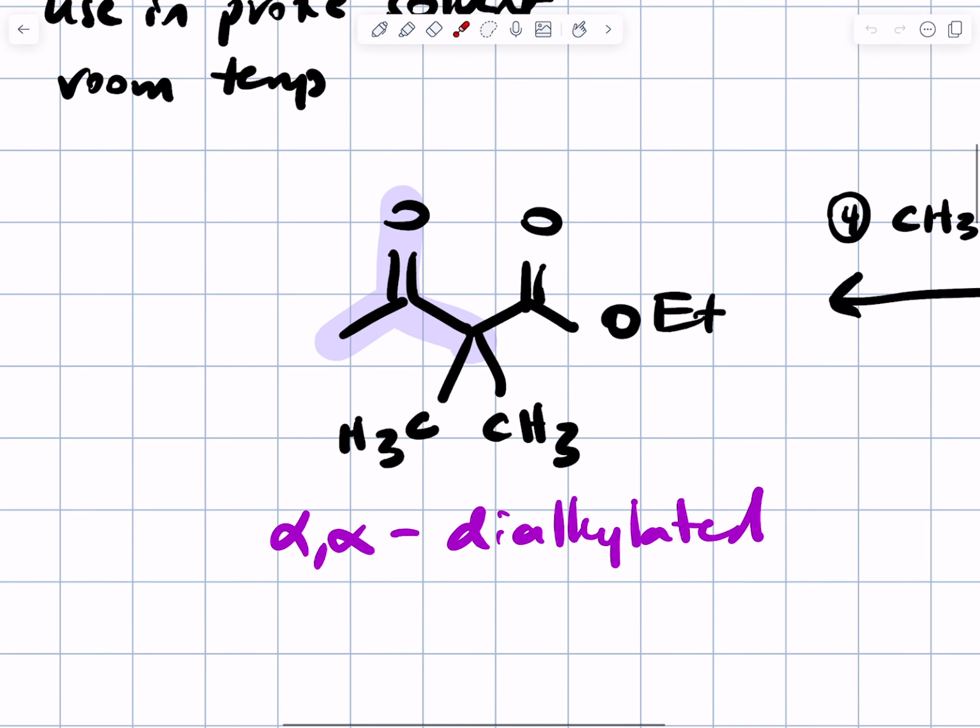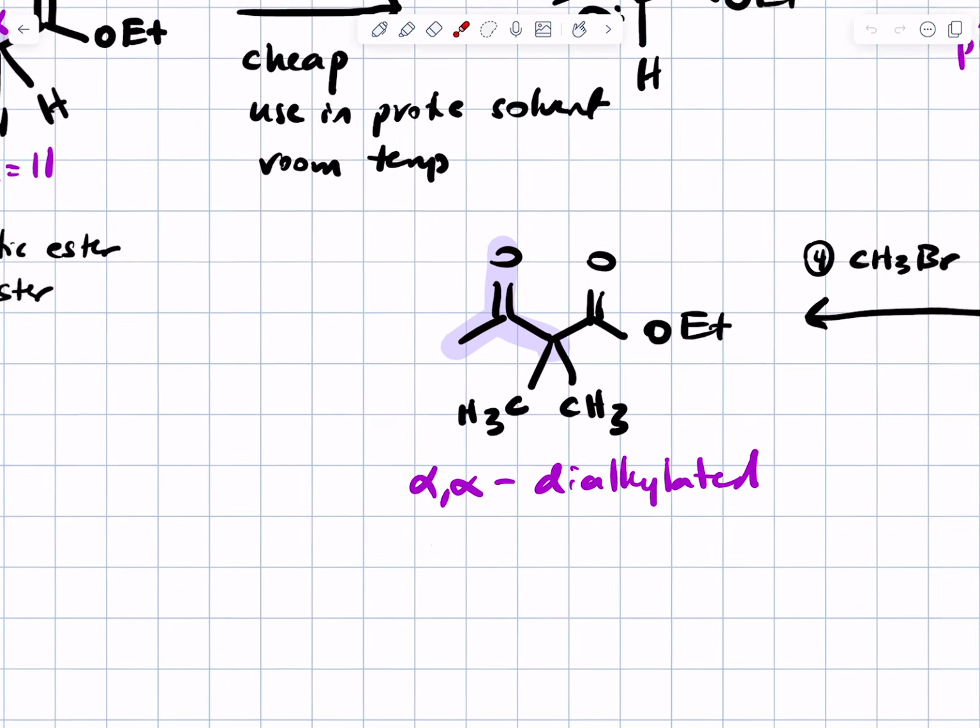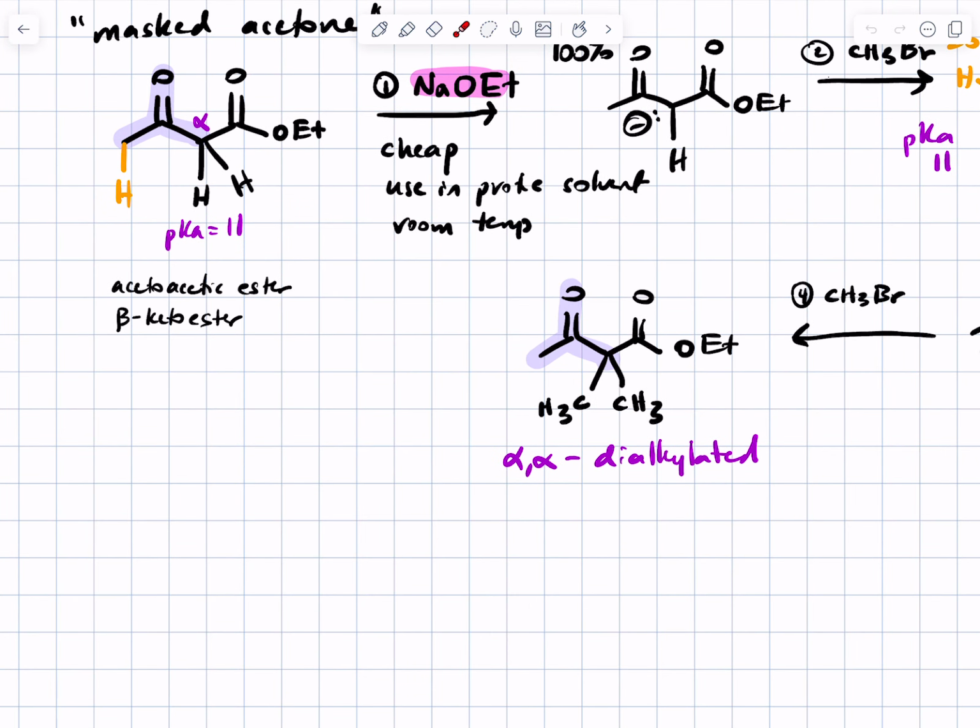What we're going to do is get rid of this ester group. But in so doing, we're going to demonstrate something that's important and comes up multiple times in 352 and again in biochemistry, and that is called the concept of decarboxylation of beta keto acids.